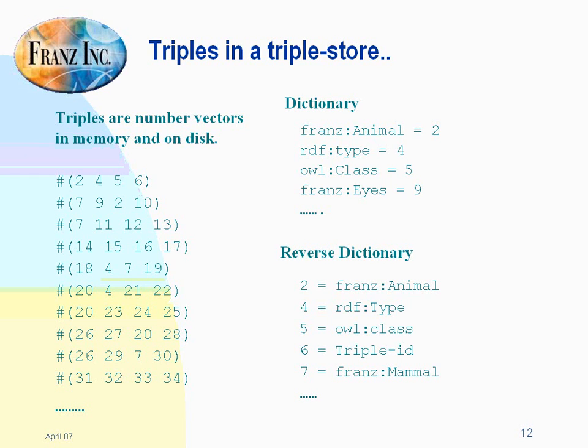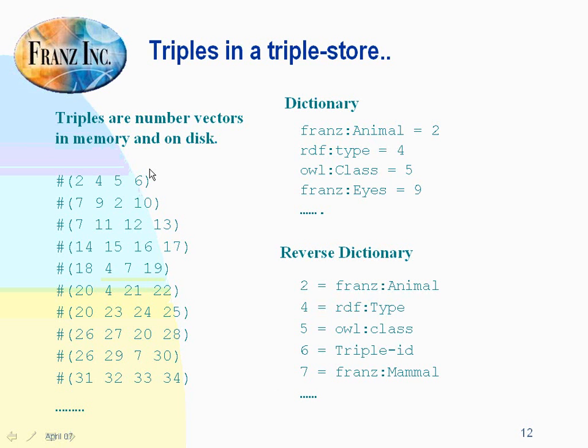Now, people that built triple stores initially started out by working with these long strings, but it is incredibly inefficient. You have to do lots of string comparisons. So basically every triple store now does the following. All the strings are replaced by numbers, and the strings go into dictionaries or reverse dictionaries. So again, here we have the same semantic network, except now we see that animal, 4, type, 5, class, and then 6 is the triple ID.